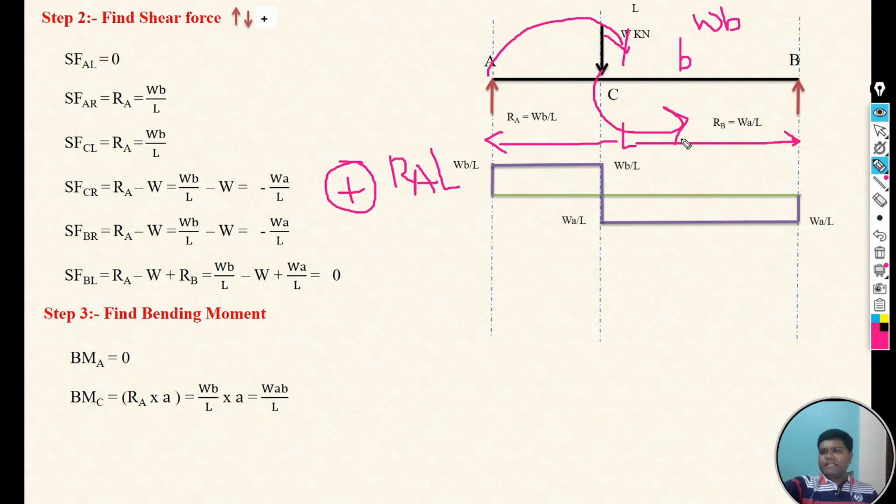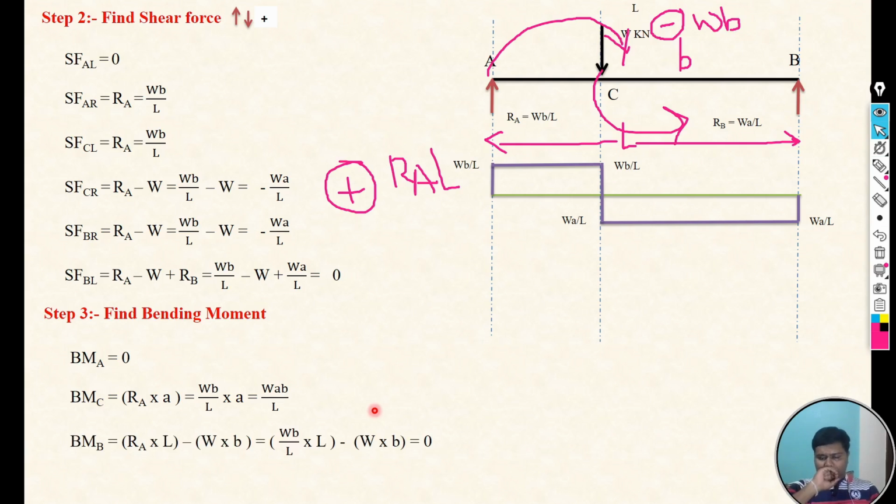So due to that anti-clockwise, we will consider it negative. So moment at B point is RA into L, that is positive, and W into b is negative.